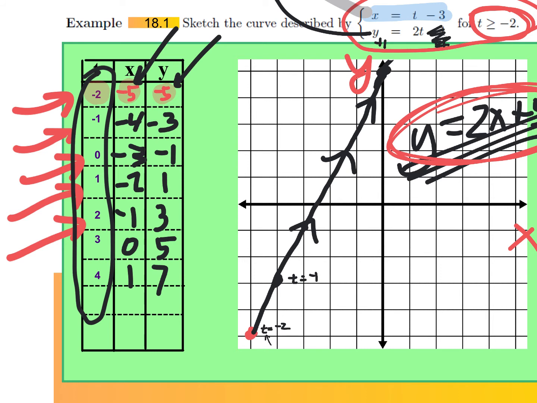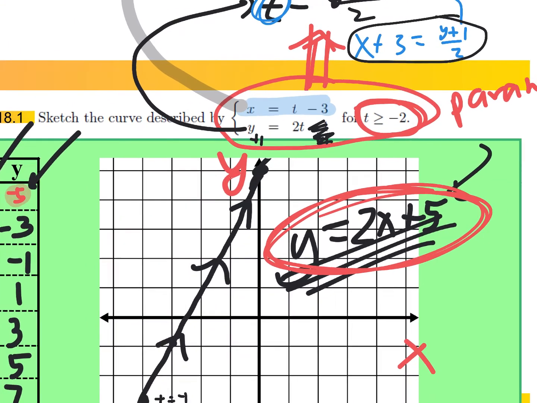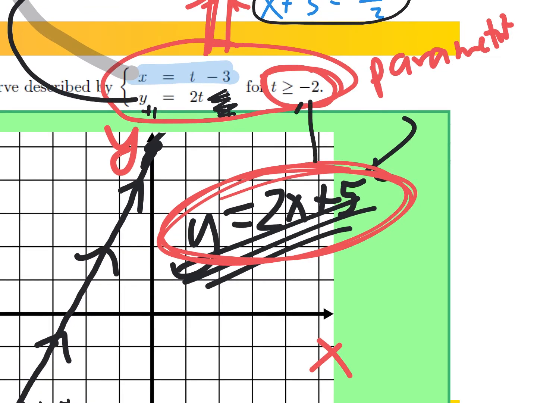Yes? Does it stop? Good question. Because it just says that t is greater than -2. You are correct. Most of the problems you will have a start and a stop, but you got me. This one does not stop. This one starts, though, at -2, and it never stops going in that direction.